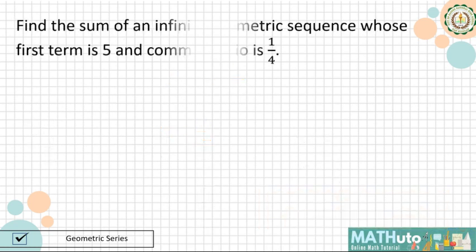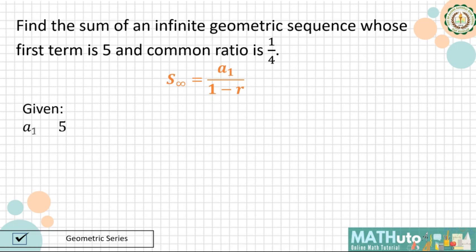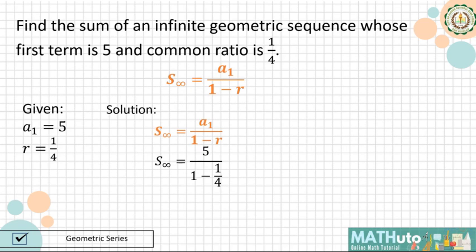Let's have another example. Find the sum of an infinite geometric sequence whose first term is 5 and the common ratio is 1/4. Let us state the given. A sub 1 is equal to 5 and r is equal to 1/4. Using the formula, let us substitute all the given values. We have sum to infinity is equal to 5 all over 1 minus 1/4.